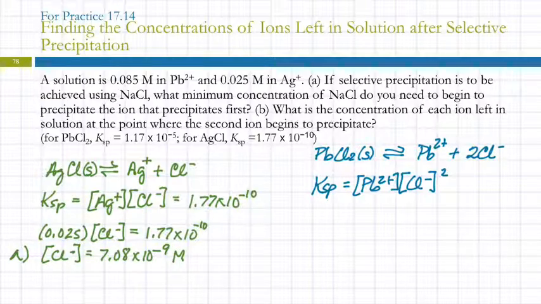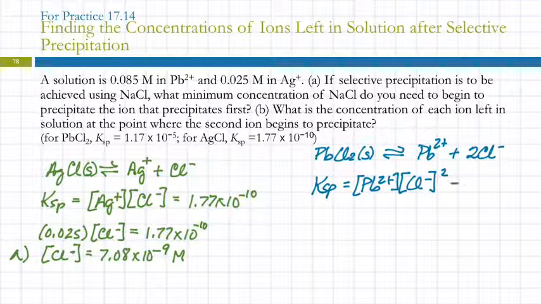So to calculate the sodium chloride concentration where the second ion begins to precipitate, we have to plug our lead concentration in here and solve for chloride.